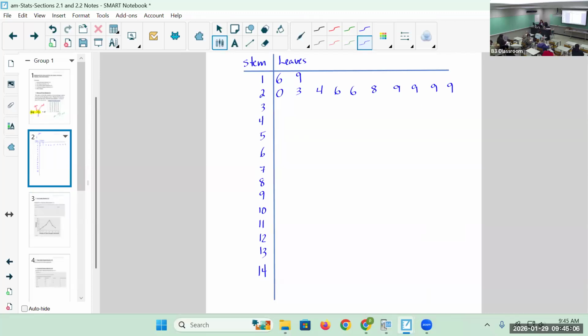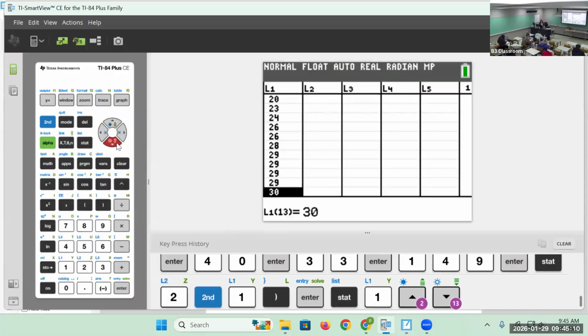Now I have to do the same thing for the 30s. I'm going to scroll down. Right there. Did I miss one at the very top? I think it started with 30. Yes, no, I think I did. Good. So again, I have 10 entries that start with a 3.